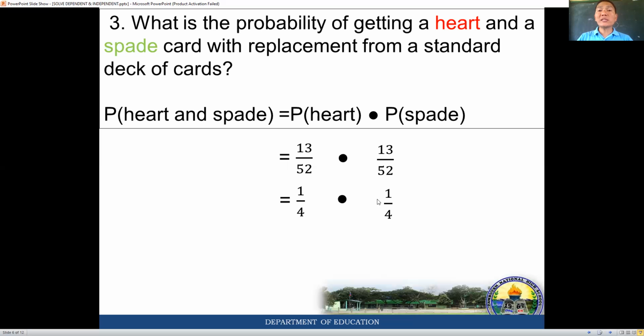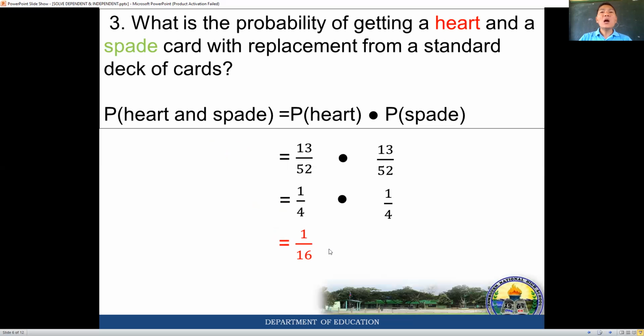So that is 1/4 times 1/4. Now there is no common factor in the numerator and in the denominator. So you multiply both the numerators. 1 times 1 is 1 and the denominators 4 times 4 is 16. So 1 over 16. So the probability of getting a heart and a spade card with replacement is equal to 1 over 16.